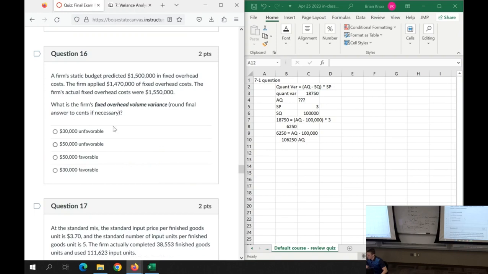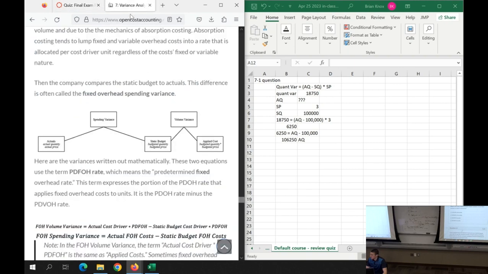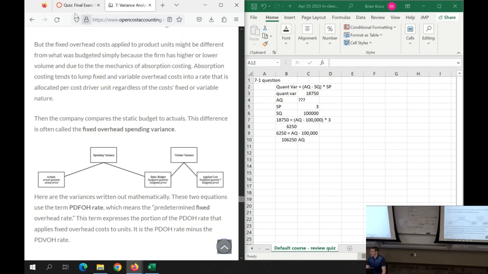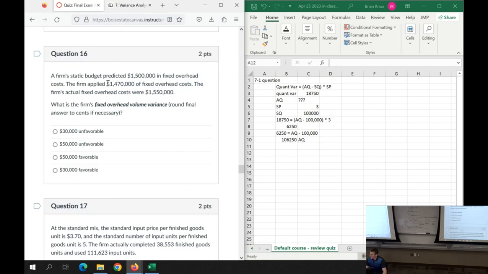So for the fixed overhead variance, here's the static budget amount, and we need to subtract away the amount applied. It's not harder than that. If we remember either the equation, volume variance equals actual cost driver times the predetermined fixed overhead rate, or that it's static budget minus applied cost, or remember the mountain range part of it, then we can simply take these two numbers and subtract them.